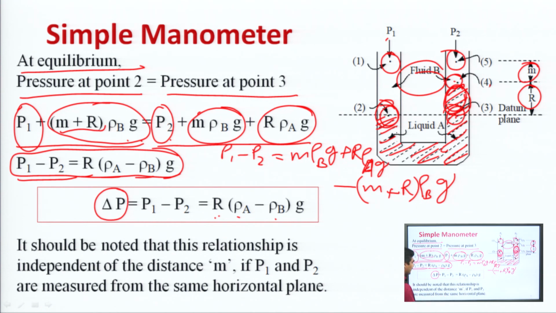It should be noted that this relationship is independent of the distance m. If P1 and P2 are measured from the same horizontal plane, then m does not play any role in the measurement of pressure difference in the case of a simple manometer.